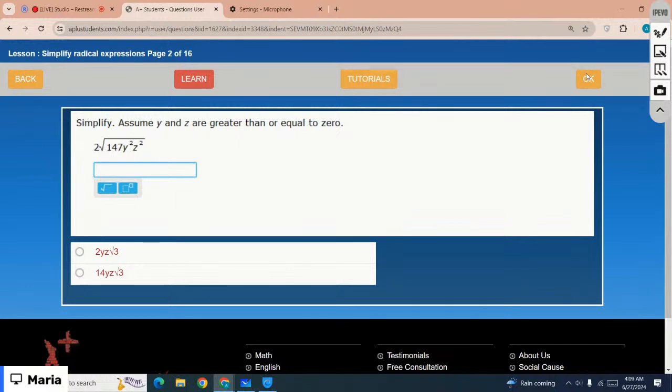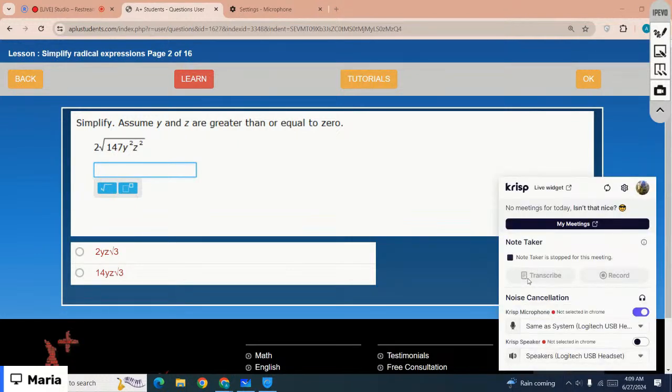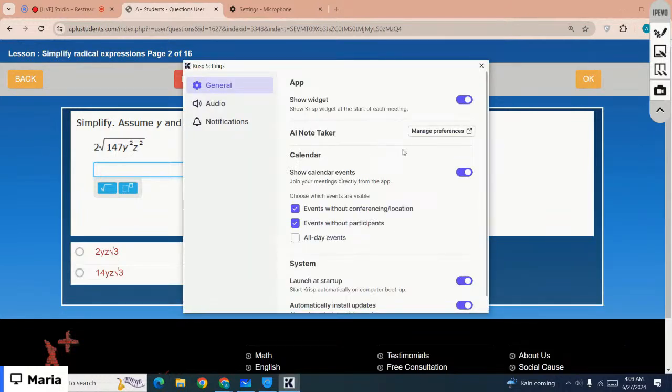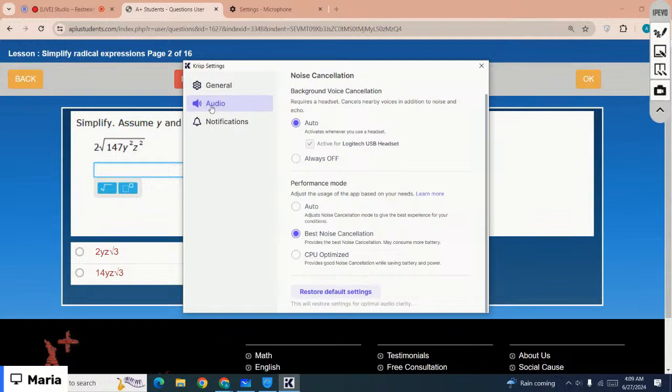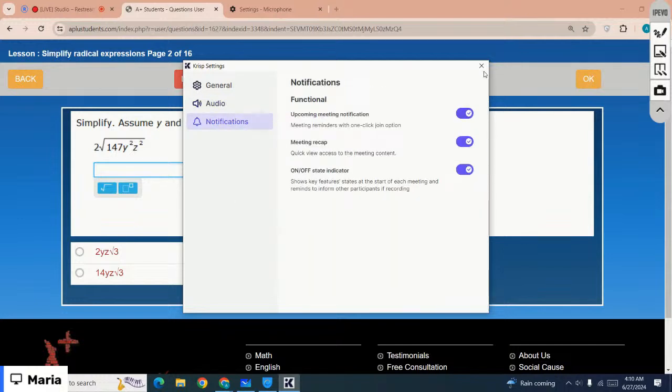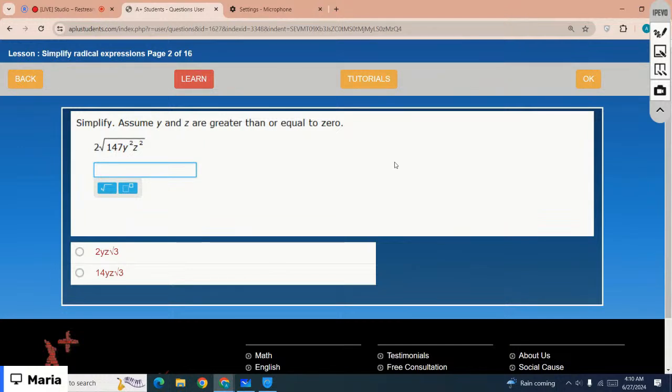The next one is simplify 2 square root 147 y square z square. Okay, let's just write down the prime factorization of 147.